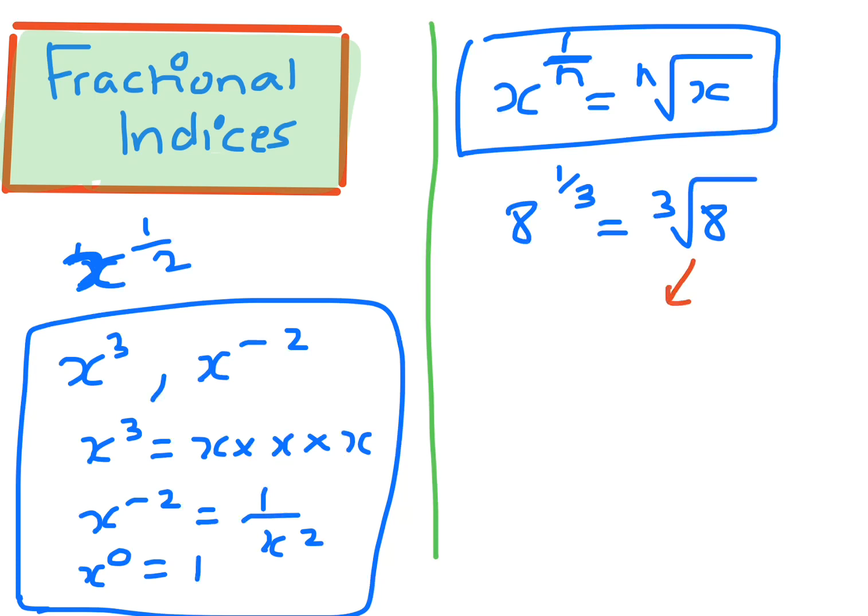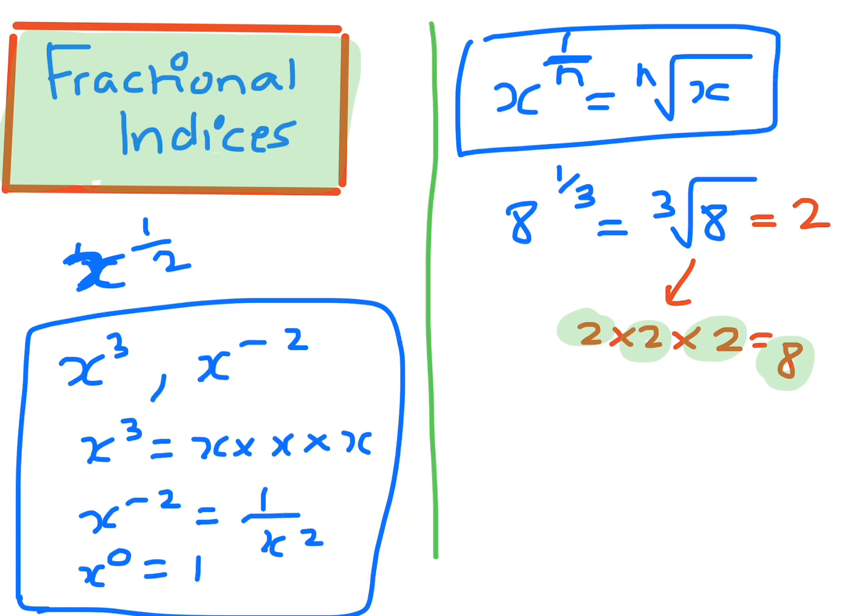So it means what times what? Let's try 2. 2 twos are 4. Times 2 again will give you 8. So the cube root of 8 is actually 2, because if you multiply 2 by itself 3 times, you would get 8.